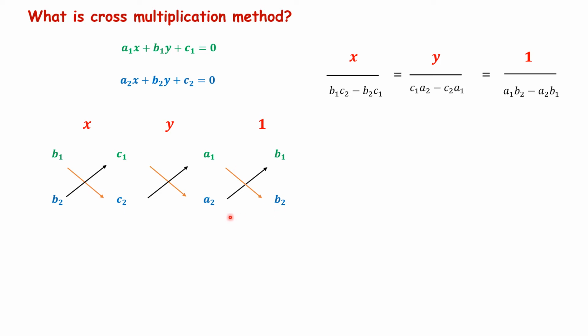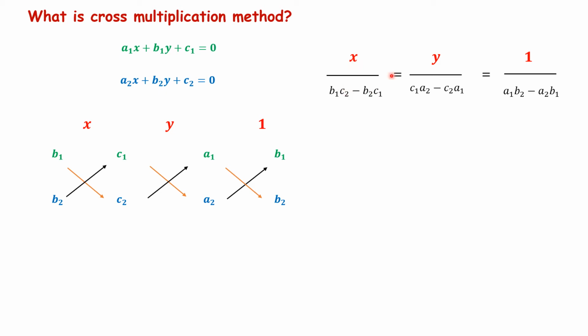Very good. So now if you see this, you are getting three equalities, right? So this equal to this equal to this. Am I right? If I take any two of them and equate, can I get the value of the unknown? Yes. Now if you see the first one, it is x divided by b1 c2 minus b2 c1. This denominator is obviously some constant.